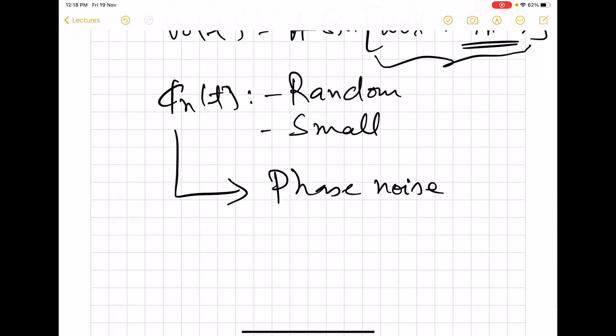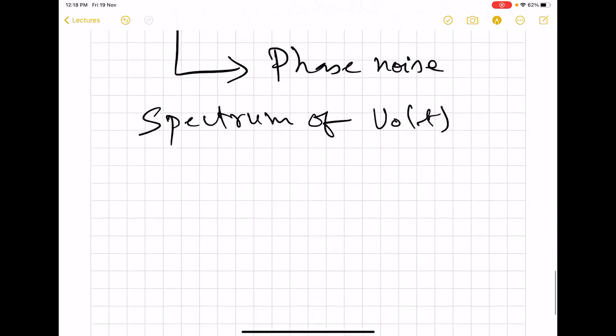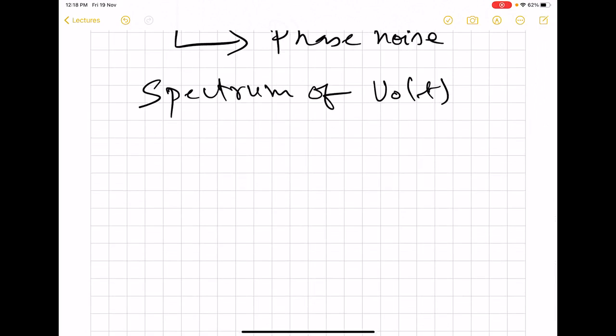Now, what will be the consequence of this non-ideality on the spectrum? So if we see the spectrum of this practical or real life periodic waveform, then this is going to be like this.